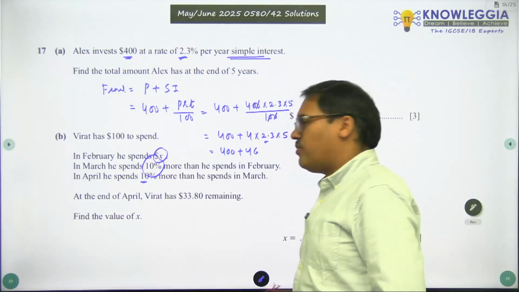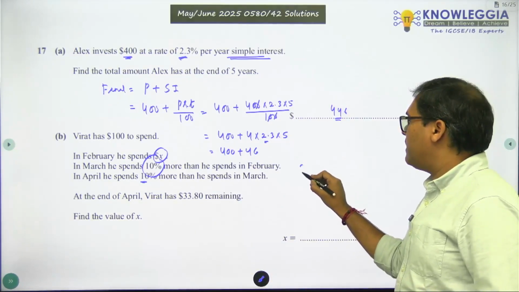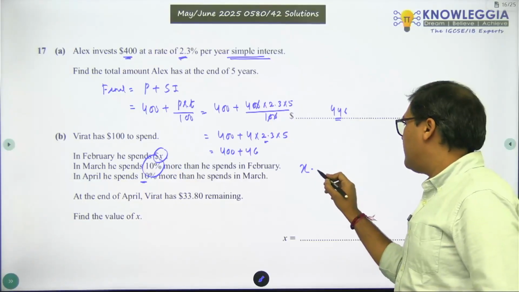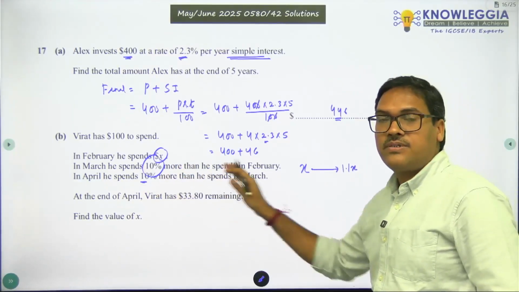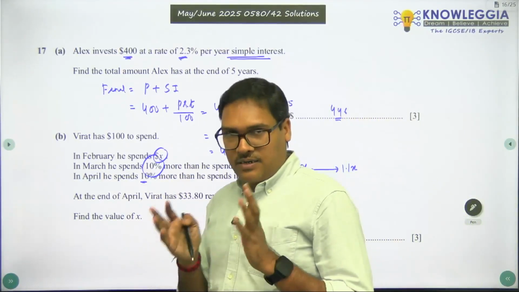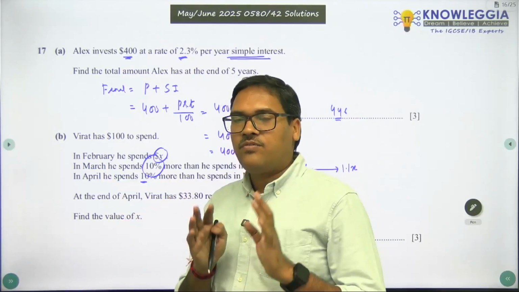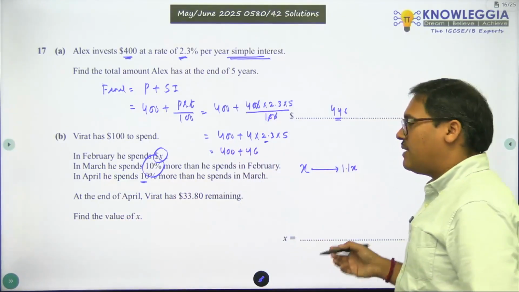Basically, what you can understand is initially, let's say in Feb he spends X. So in March he will spend 1.1x. Why 1.1x? Because it is a 10% increase. 10% increase is 100 plus 10%, that's 110, which is basically 1.1 in terms of multiplier.